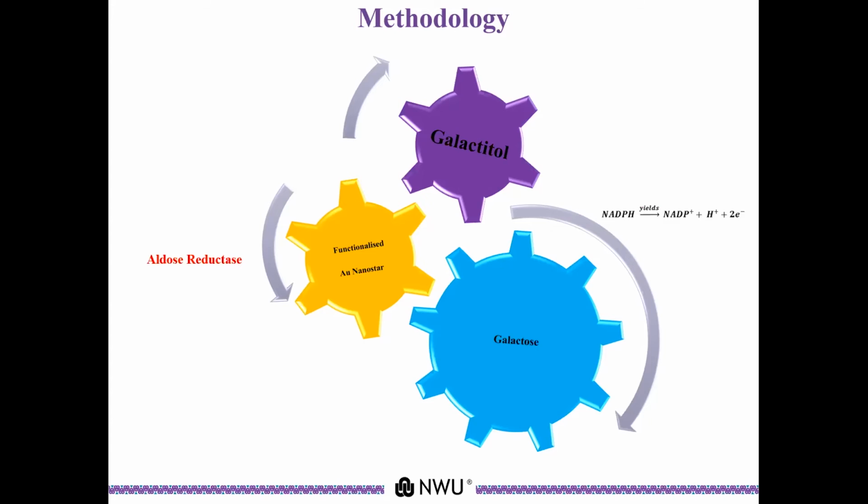If I can find the amount of naked-eye visible colorimetric change, then I can use that as an indirect way of finding how much galactose is present in a certain sample of blood that I'll be having.